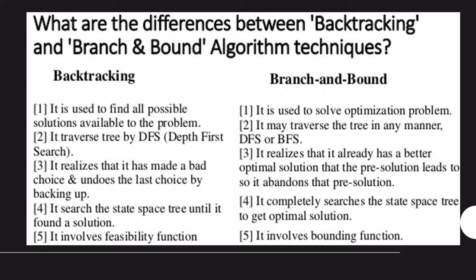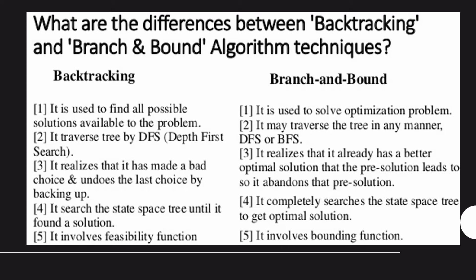In case of branch and bound, it realizes that it already has a better optimal solution than the one the pre-solution leads to, so it abandons the pre-solution. That means some solution is already present, right? It realizes that it already has a better optimal solution.